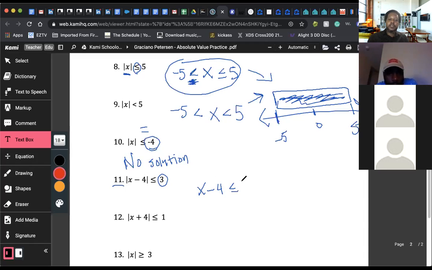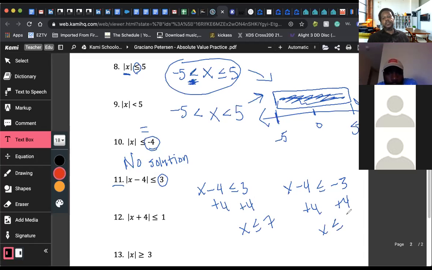is less than or equal to 3, and x minus 4 is greater than or equal to negative 3. So we're going to add 4 to both sides, and then x is less than or equal to 7. Add 4 to both sides, and x is greater than or equal to 1.